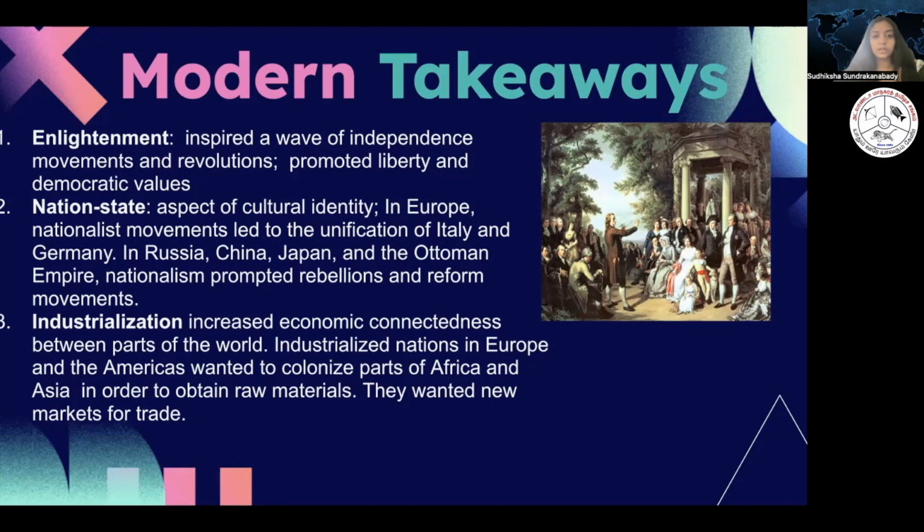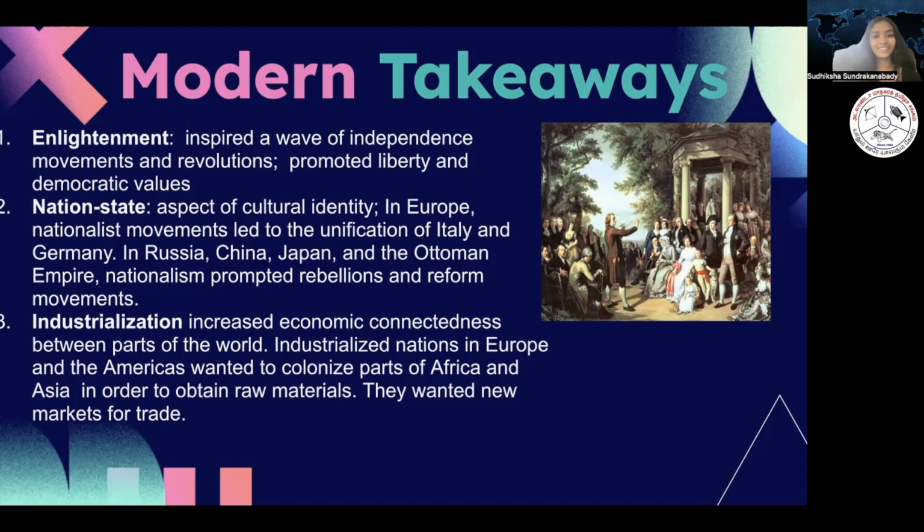So basically, the way that this worked is by everyone combined or working towards one goal of unifying their country or state, then this is how both nationalist movements started, the unification of Italy and Japan and Germany. And then we have the nationalism promoted rebellions because of the way that everyone wanted and strived towards the same goal of reforming their society.